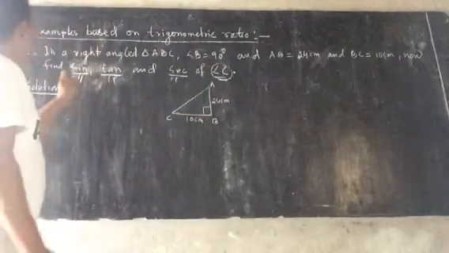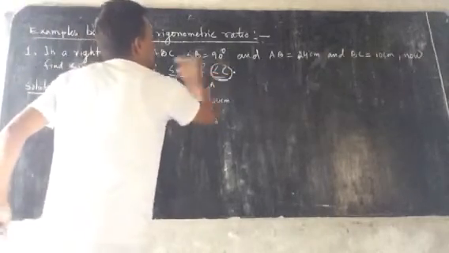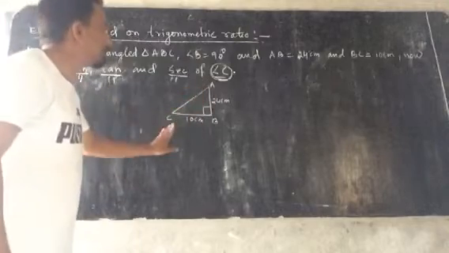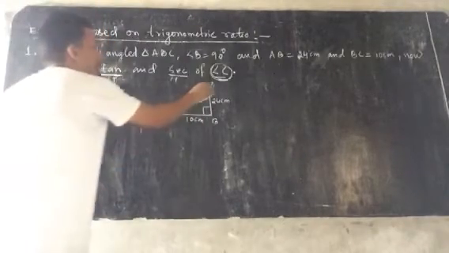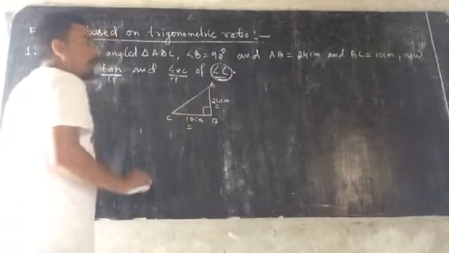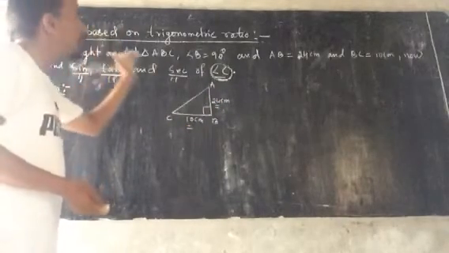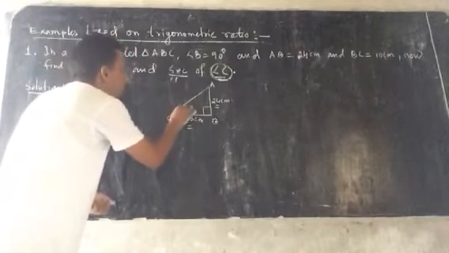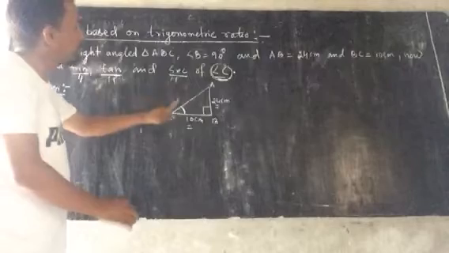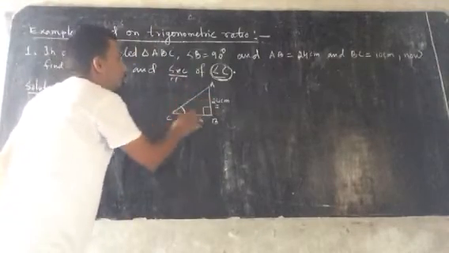Now we have to find sine, tan and sec of angle C. See here what we have got: ABC is a right angle triangle in which AB is 24 and BC is 10 centimeter. I have already told you that if you want to find the ratios of any acute angle, first we need the values of all the sides.